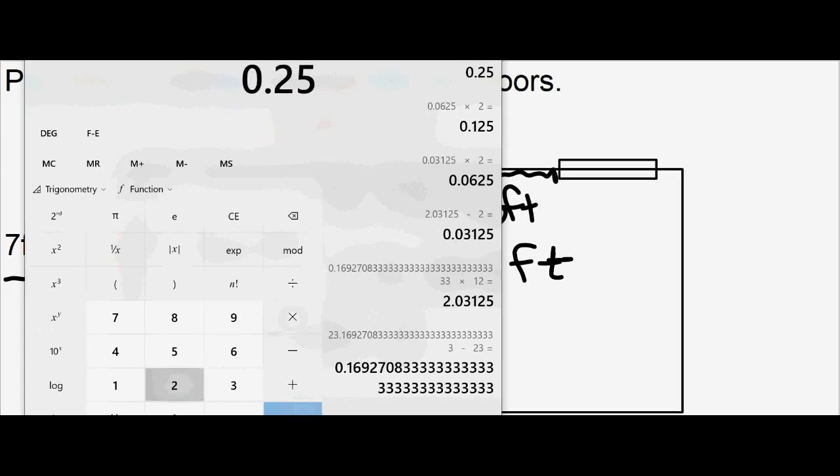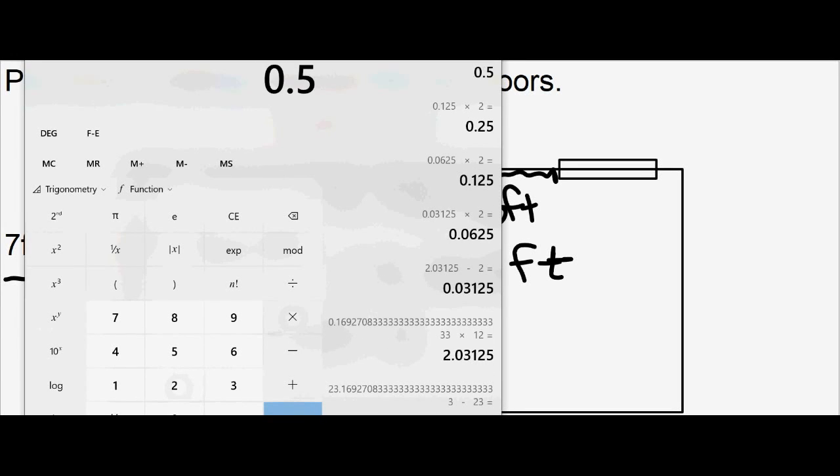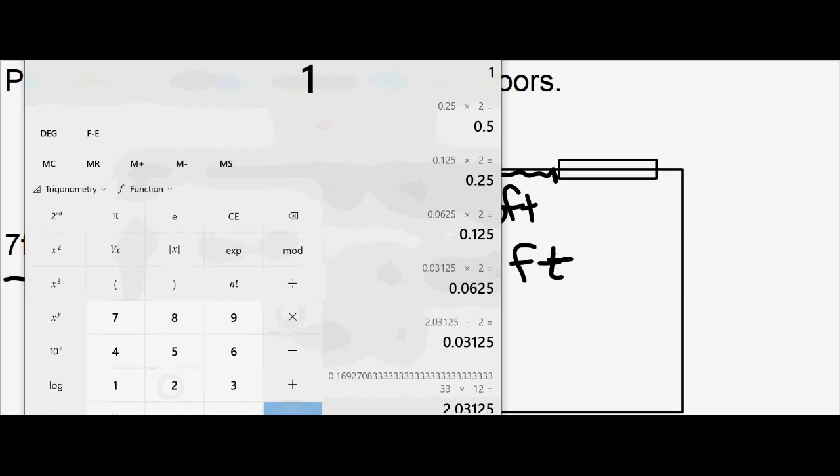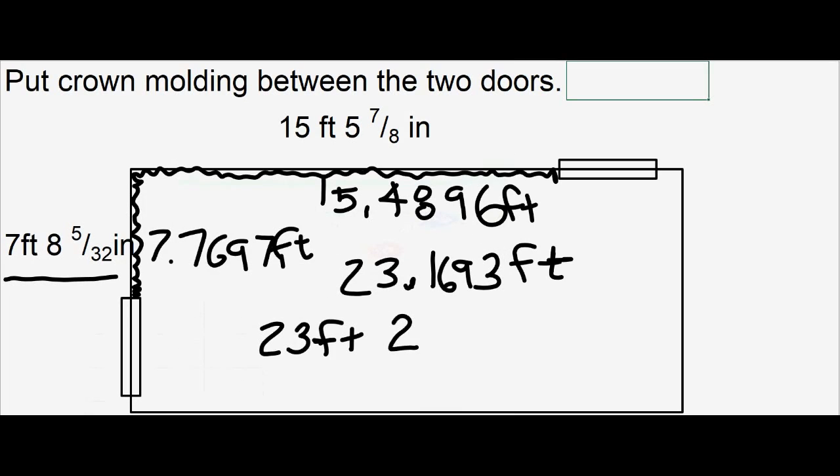I multiply that by 2. That's the number of 16ths of an inch. And I can already see this is 16ths of an inch, or 32nds of an inch. So I multiply by 2 again, and that gives me 1/32 of an inch. So I have 2 and 1/32 inches.